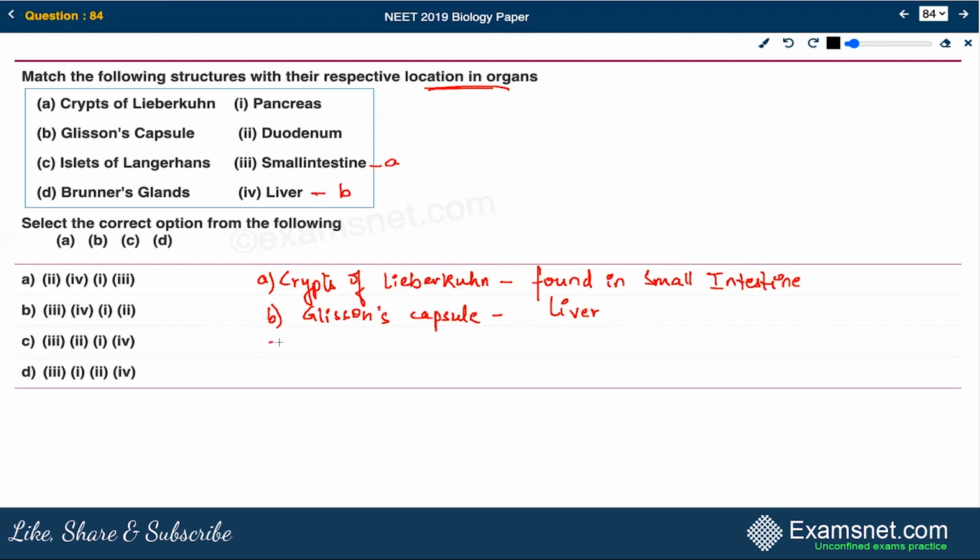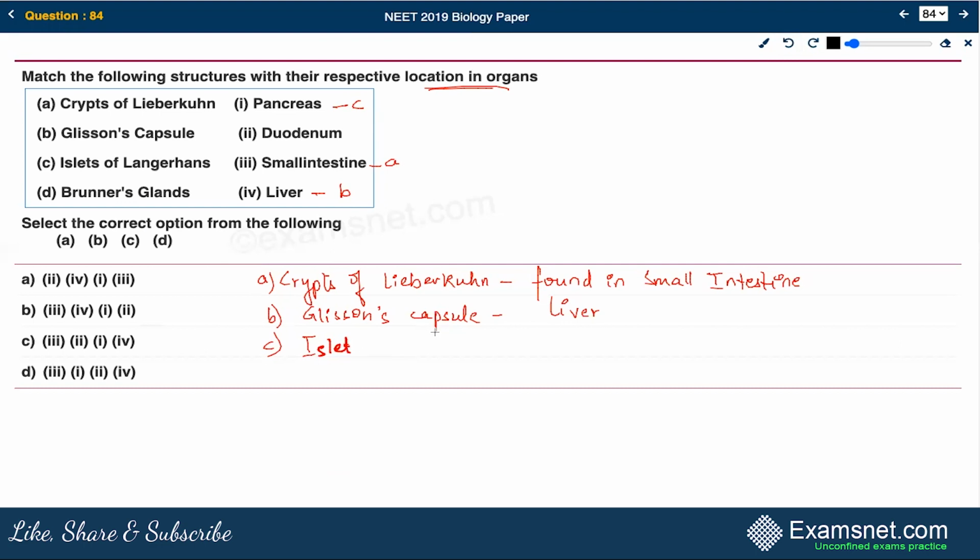Then option C says islets of Langerhans. Now islets of Langerhans, this is a part of the pancreas, which is option A. All right. So this is C. Because the important unit, the cells of the pancreas, is called the islets of Langerhans.